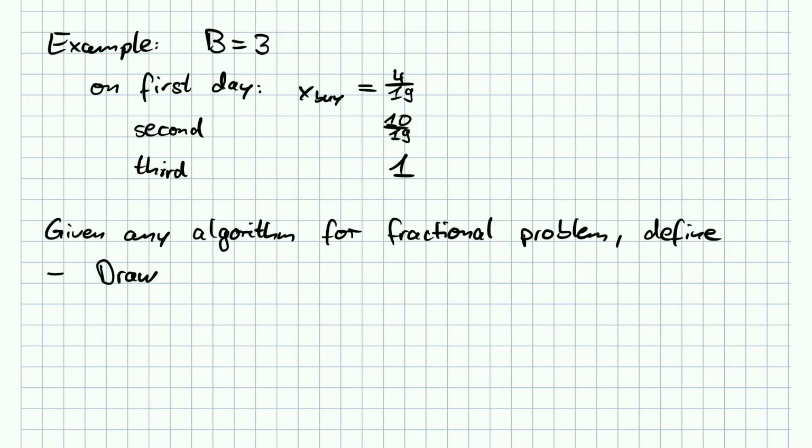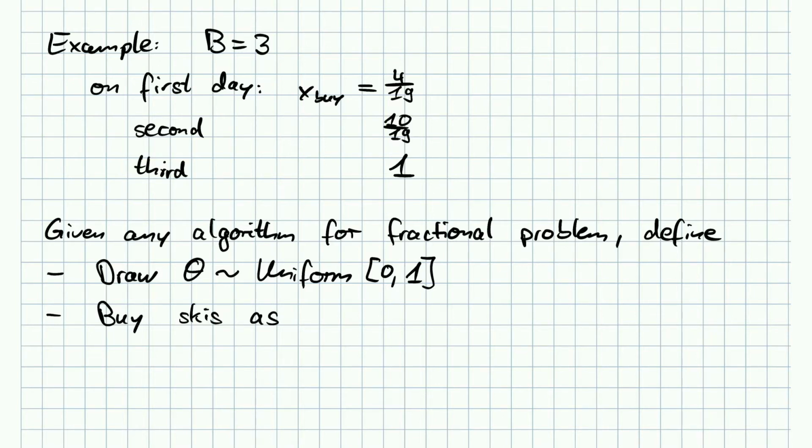We draw some theta uniformly at random from the interval 0 to 1, and then we buy our skis as soon as the buy variable exceeds or is at least theta.